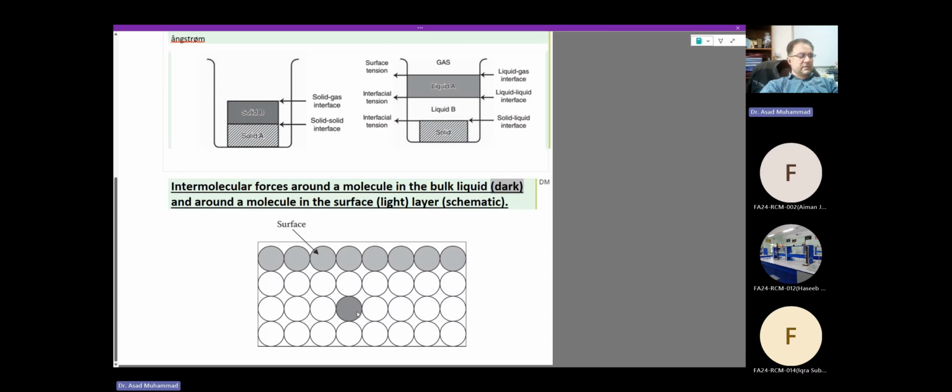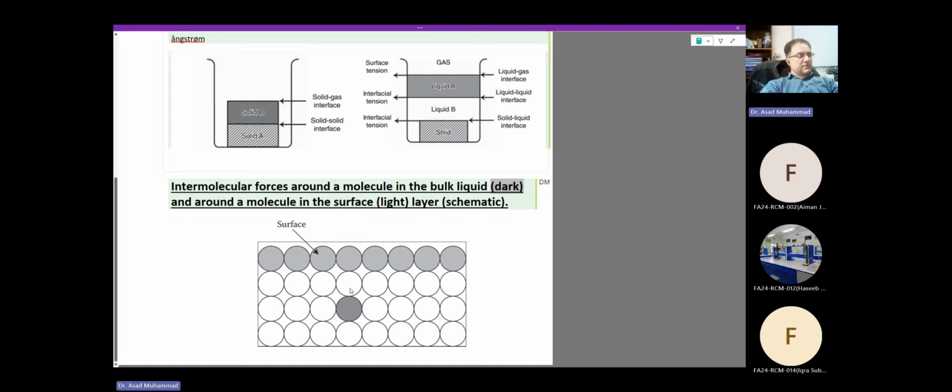So you can see that this dark gray molecule over here is surrounded in this direction, in this direction, in all directions. You can see also that if you look at the cross areas, it is also surrounded like this. If you imagine it in 3 dimensions, there will be a molecule above it and below it and on the sides and so on.